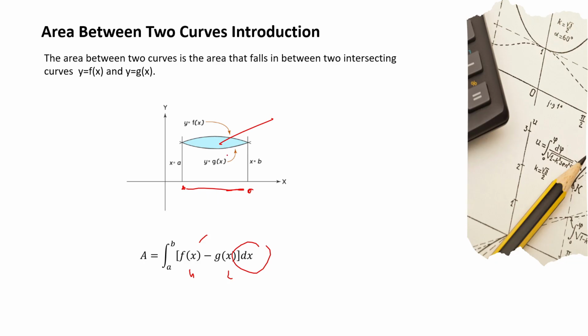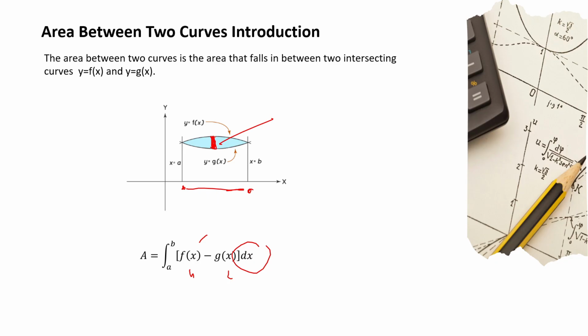For example, we need to get the strips, horizontal or vertical strips. If the rectangular element is drawn parallel to the y-axis, this element is referred to as the vertical element or the vertical strip. So we need strips in order for us to get the area.